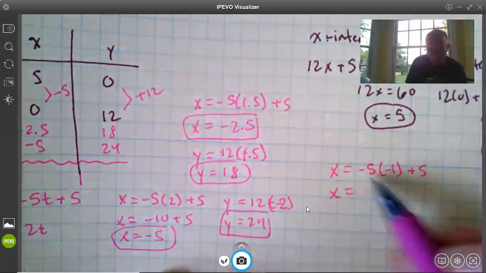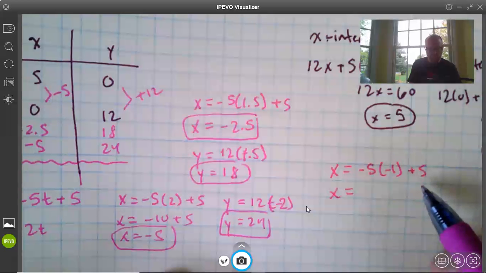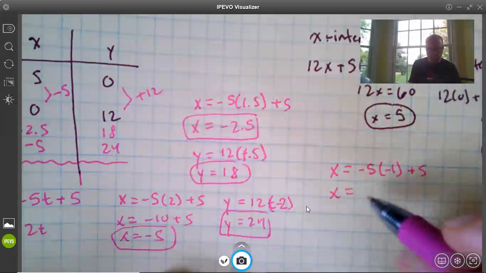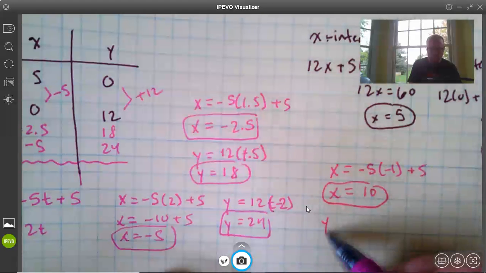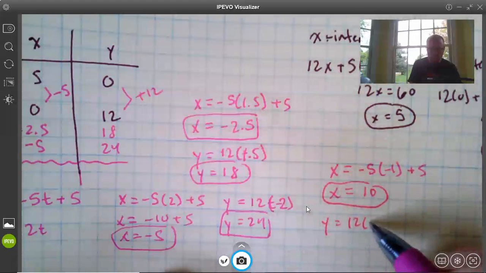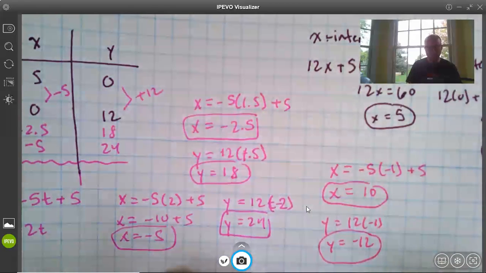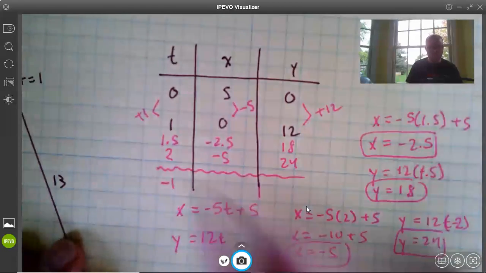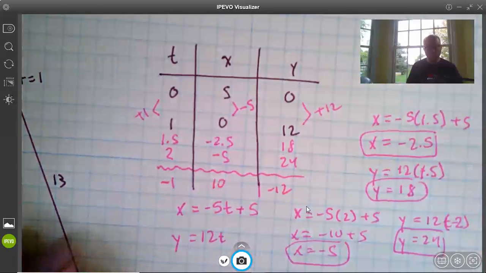So x equals negative 5 times negative 1 is positive 5, plus 5. Oh, this is 10, sorry. And then y equals 12 times negative 1, so y is negative 12. So we're at the point 10, negative 12.